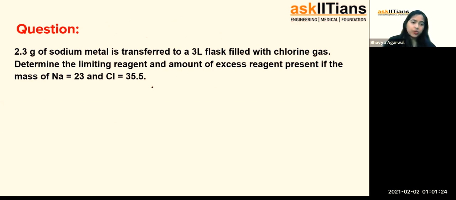You're already given the masses of sodium and chlorine. Right? So there are two things that you need to find out: one is the limiting reagent, and another is the amount of excess reagent present in the container.